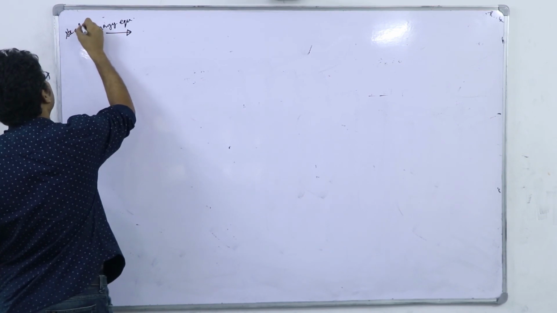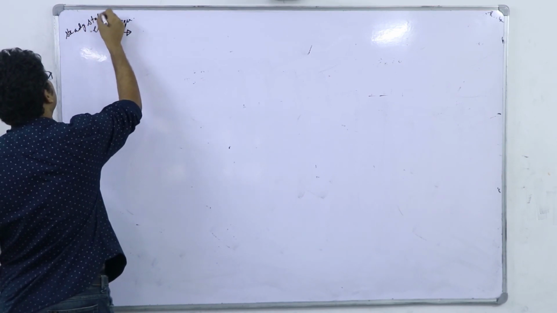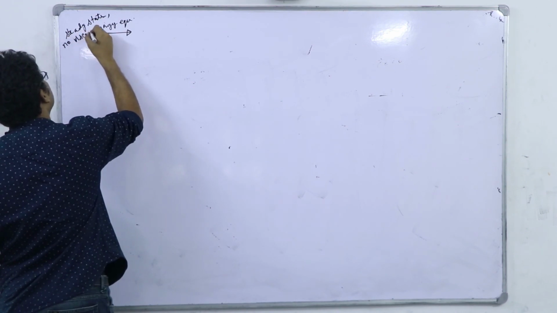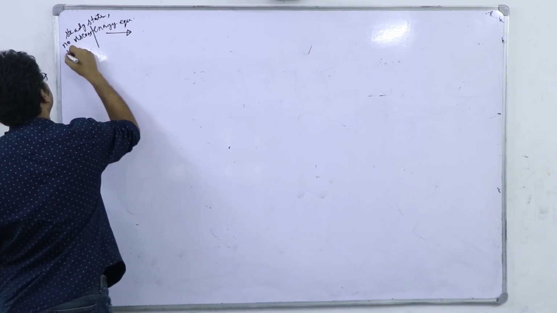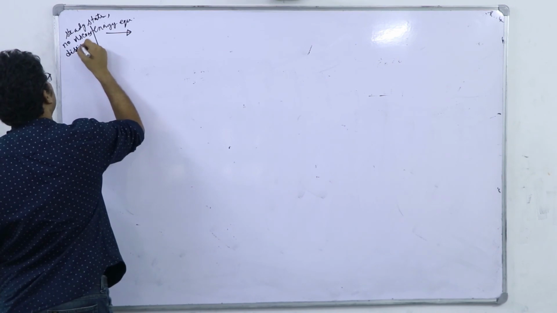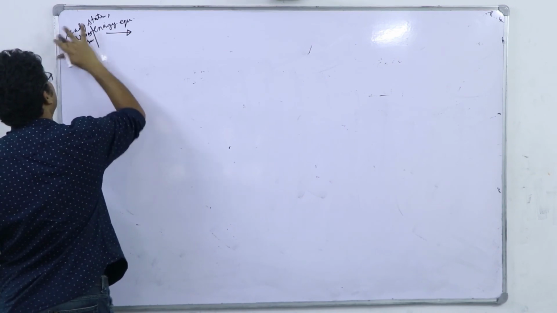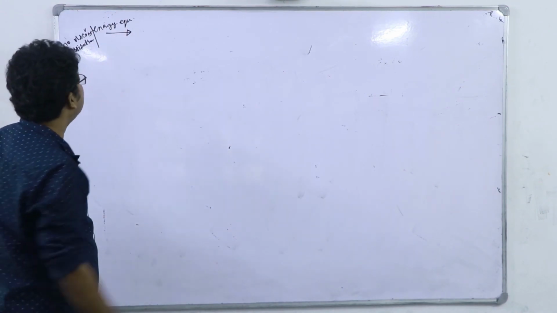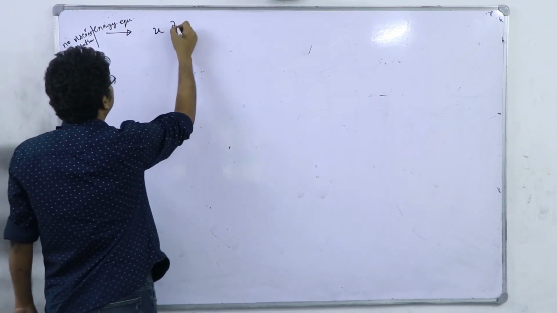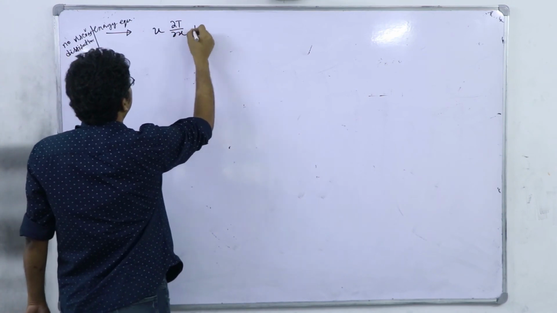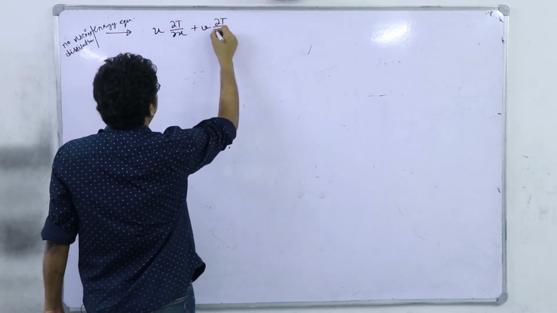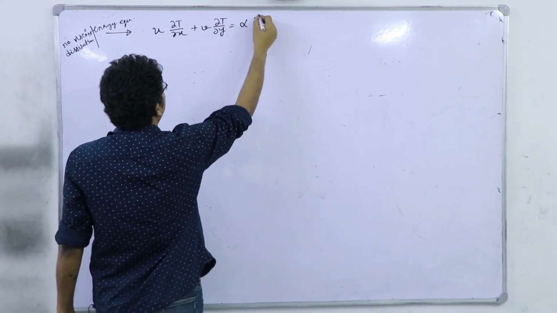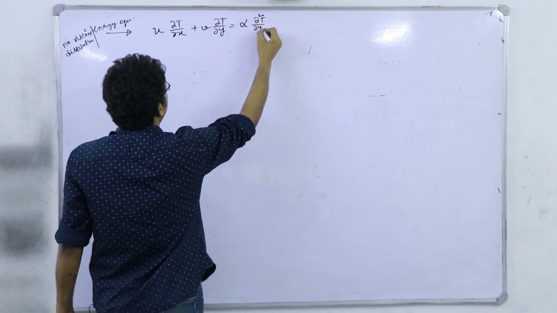Steady state we have assumed, and we also assume no viscous dissipation. And all the previous assumptions, steady state already we have assumed. So no viscous dissipation. Under this condition, the equation changes to U del T del X plus V del T del Y is equal to K by rho Cp, so it's alpha del square T del Y square.